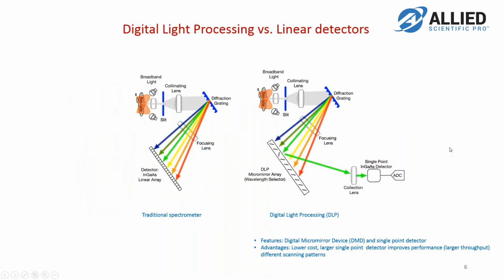So now let's go a little bit into the instrument itself. The NIRvascan instrument uses digital light processing, which is different from the traditional method of using linear detectors.